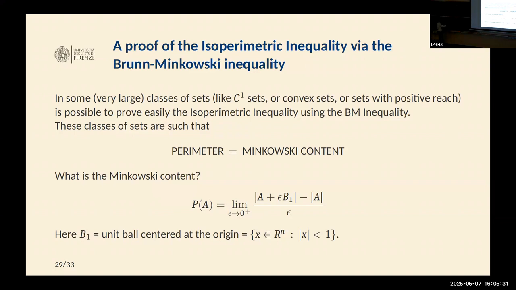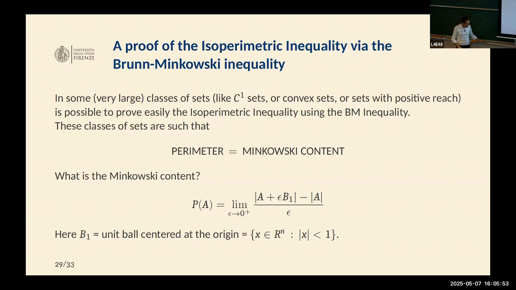Positive reach means that you stay at least quite close to the set, so that every point at distance epsilon has only one point on the set, a one-to-one projection. For all these sets, this gives you the correct definition of perimeter, whatever you choose.